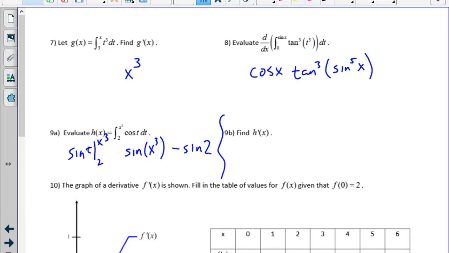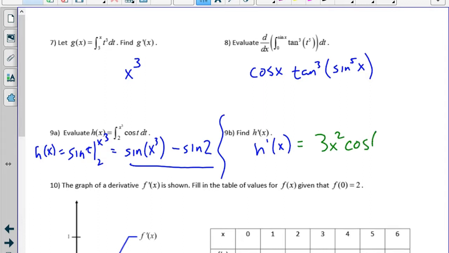Now part B is going to be to take the derivative of this function. So the derivative of h is going to be taking the derivative of this. So the derivative of sine of x cubed is 3x squared, which is the chain rule, times cosine of x cubed. And then the derivative of this part is going to be 0.